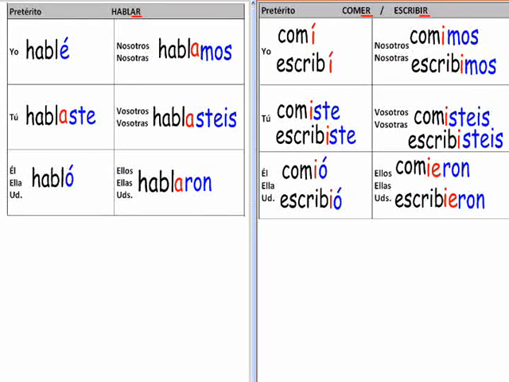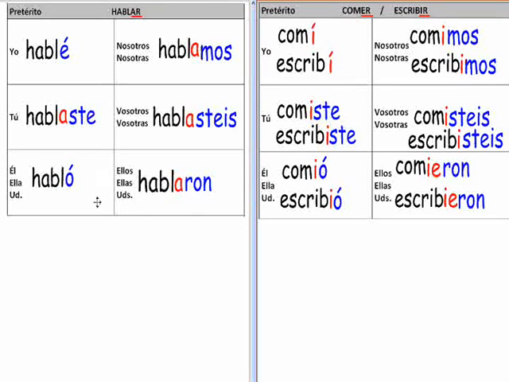And in this view, you can see the comparison of the AR and ER and IR endings in the preterite tense. You'll notice if you look at the letters in blue that they are the same for the AR and the ER and IR verbs. For example, we have tú hablaste for the AR verbs and tú comiste, tú escribiste for ER and IR verbs.